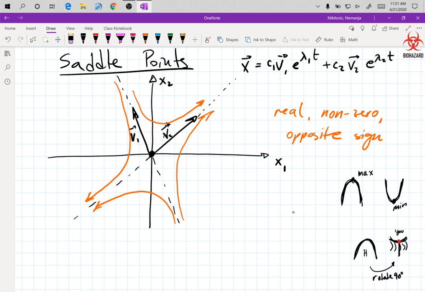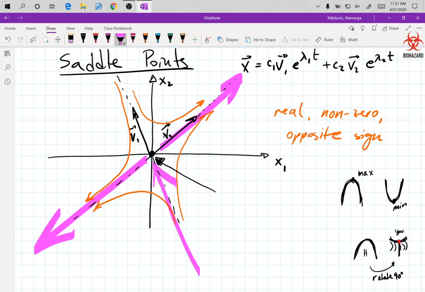So here, if you look at my point in the middle of the graph, which is called the saddle point, I hope you see that these are running away as these are running in.